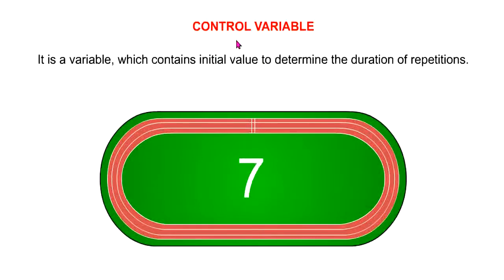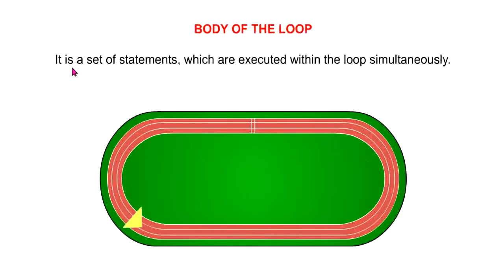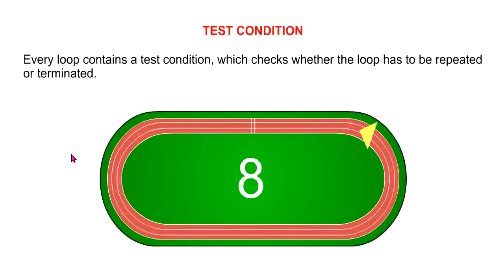That is the control variable. The second one is the body of loop. It is a set of statements which are executed within the loop, the statements you give in the program. The third one is the test condition. Every loop contains a test condition, which checks whether the loop has to be repeated or terminated.